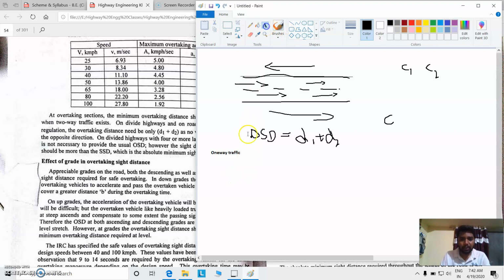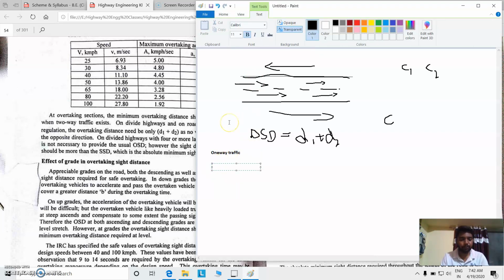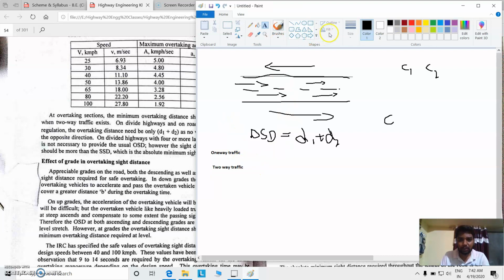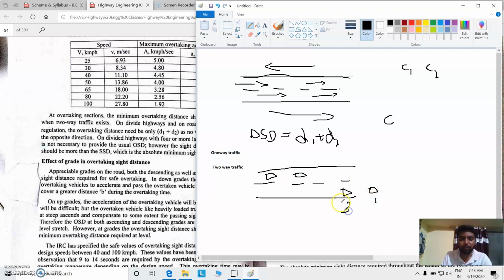In the case of two-way traffic, we have to consider a road as it is considered in the analysis of overtaking sight distance. There is the overtaking vehicle, the overtaken vehicle, and the vehicle which is coming on the opposite side from C1 to C2.